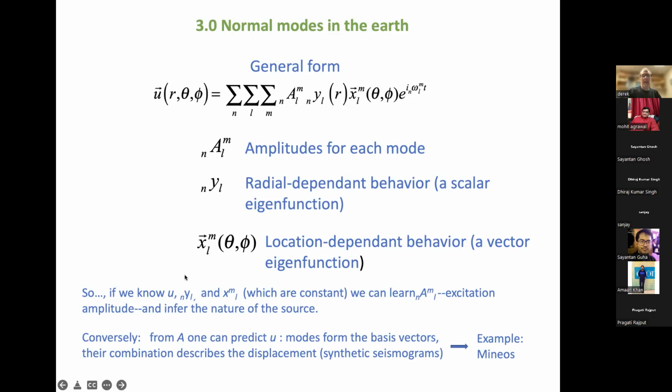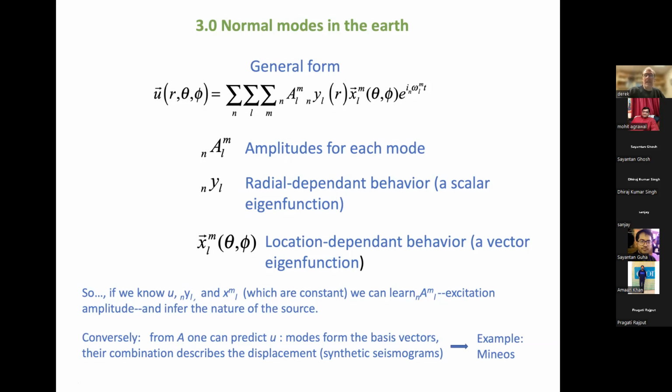So if we know U, for instance if we can measure displacement at a location, and we know Y and X, which we can calculate, we can learn something about A, which tells us the excitation amplitude.